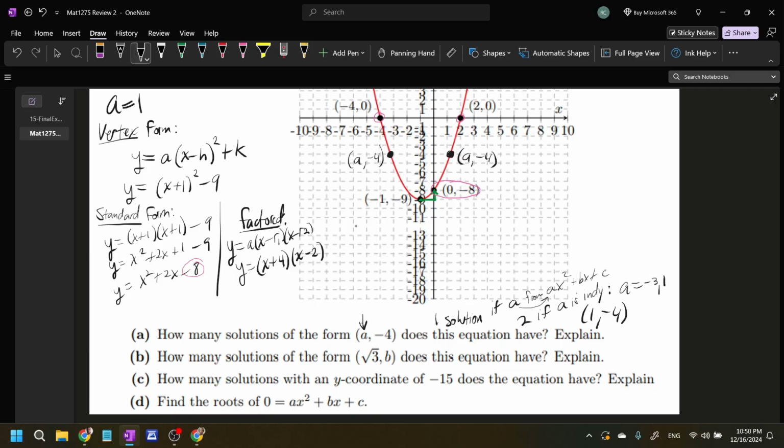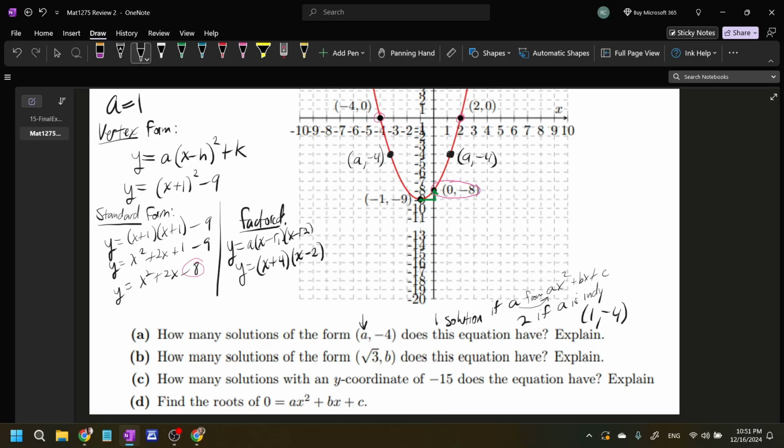No, no, no. A can only be one number. So it's a weird question. Why do they ask questions like this? If a is independent, a can be these two values. So the answer would be 2 if a is independent, 1 if a is the same a as our leading coefficient. So weird.